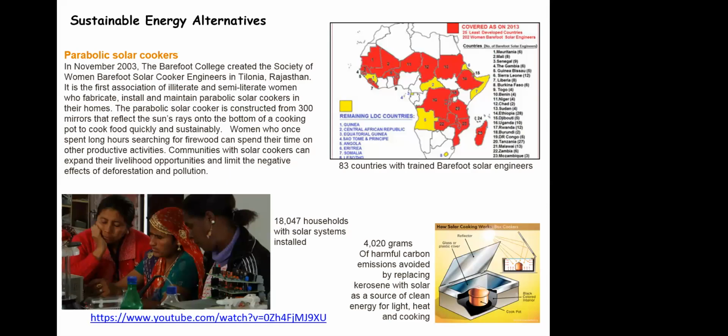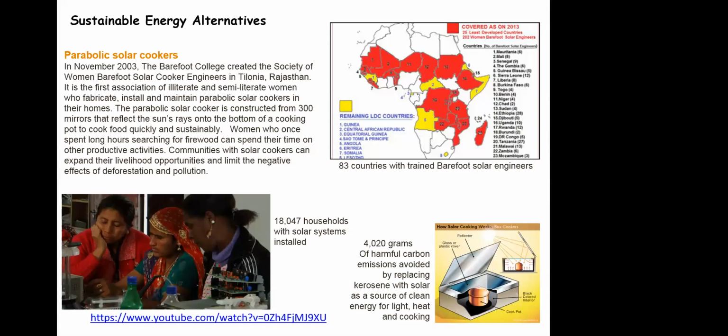What they do is they take, or they did take the first time around, a small group of women from the local area, and they trained them how to build a parabolic solar cooker, which is quite simple to build. It's about 300 mirrors that, when you fit them together in a particular way, will reflect the sun's rays onto the bottom of a cooking pot, which is strategically placed.